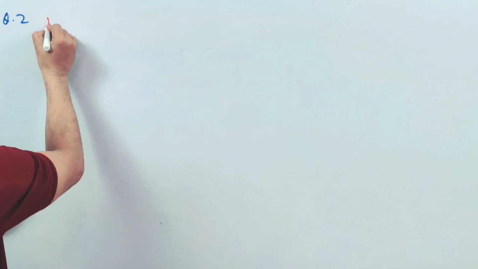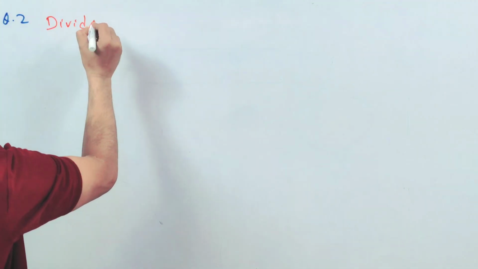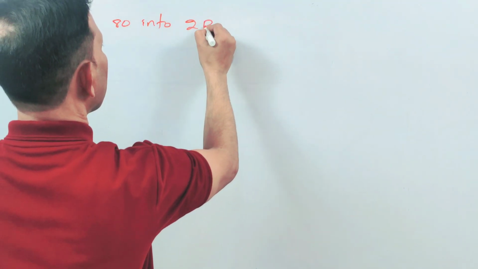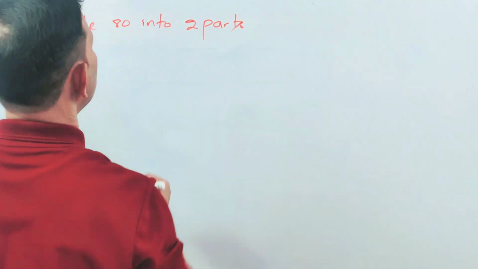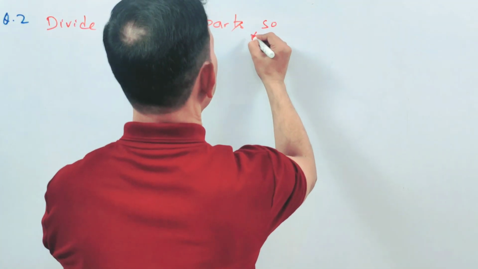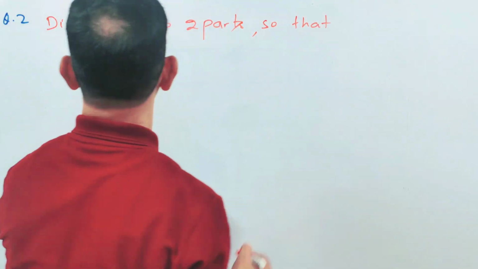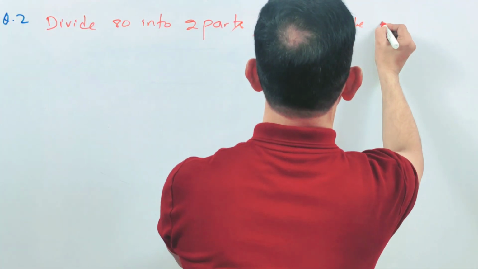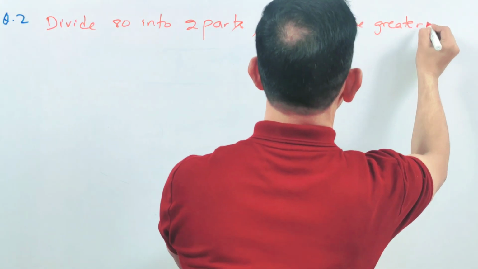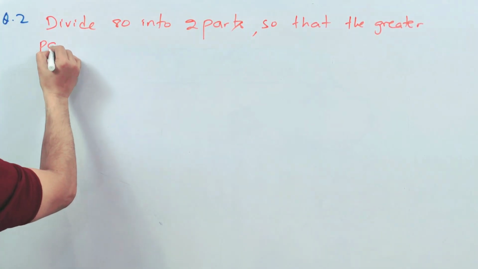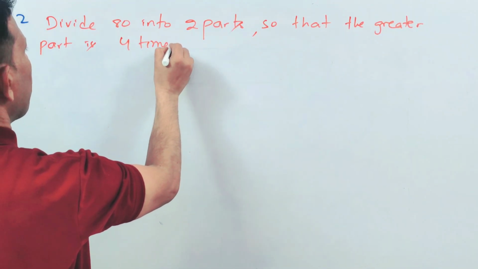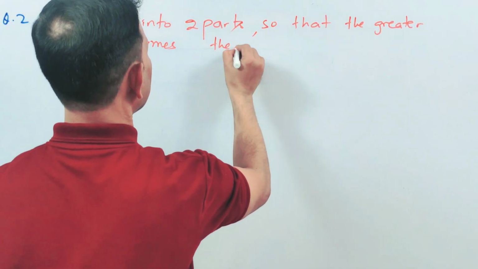So divide 80 into two parts so that the greater part is 4 times the smaller.